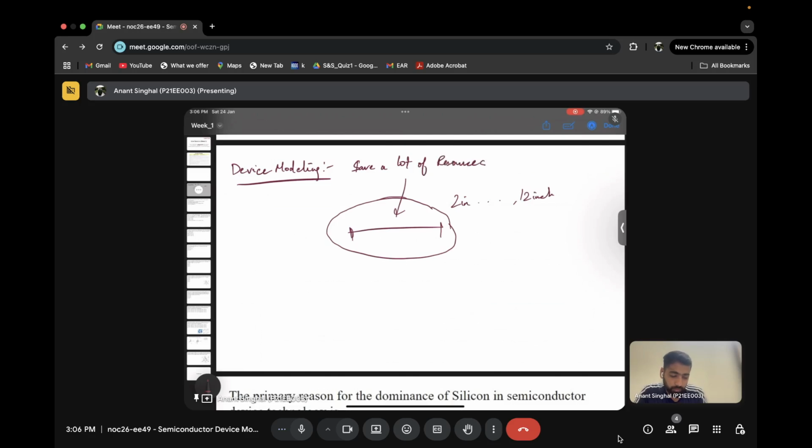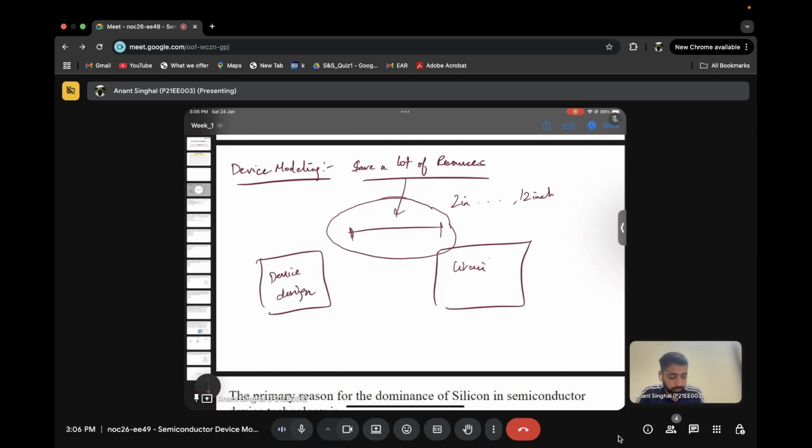So what do we have? On one side, we have device design, and on the second side, we have circuit simulations. To perform circuit simulation on these different kinds of devices, even those made by foundries, to bridge these two together is what we require as a compact model.